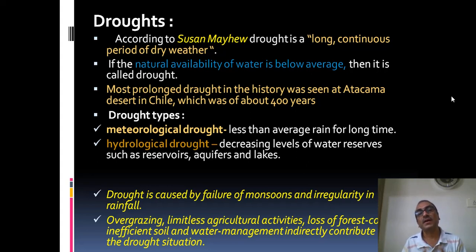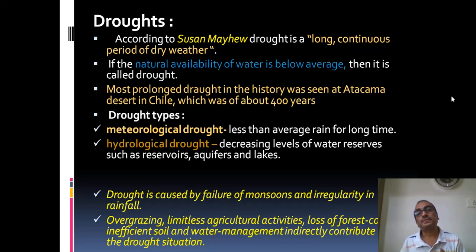aquifers and lakes. Aquifers include the underground water, which may be below the rocks in the form of the water table, or held in between gravel and sand particles below the earth's surface, and that water reserve is called the aquifer, from where we can pump out the water by drilling bore wells.